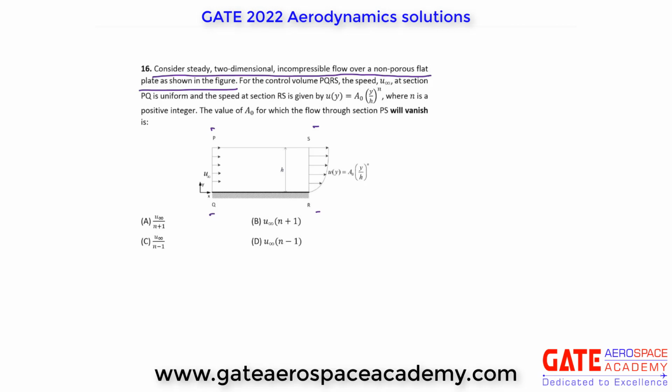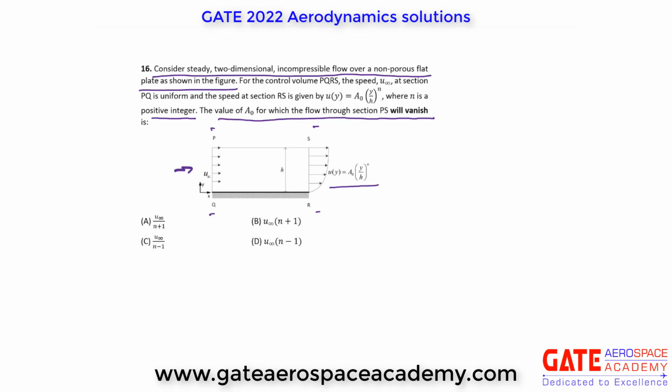So it is entering from this side at uniform speed u infinity, and the speed at this section RS is given by the expression u equal to A naught times (y by h) raised to n, correct, where n is a positive integer. The value of A naught for which flow through the section PS will vanish.